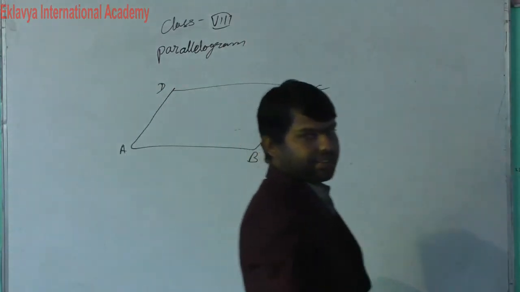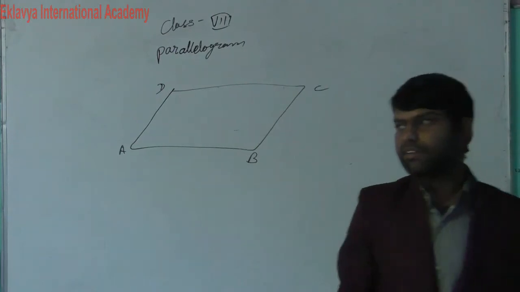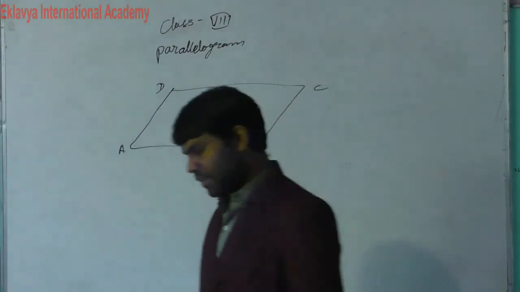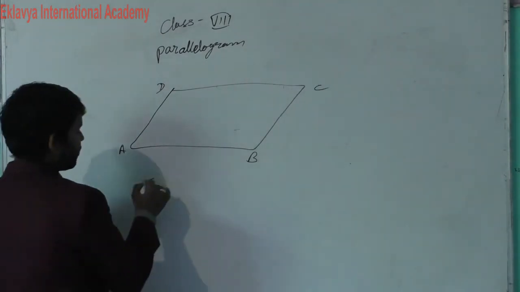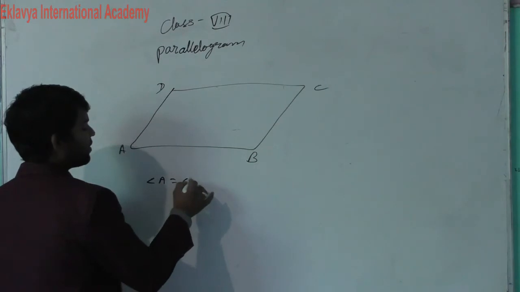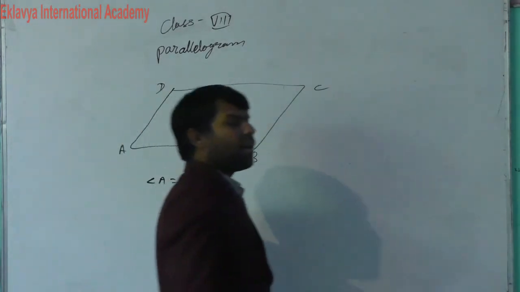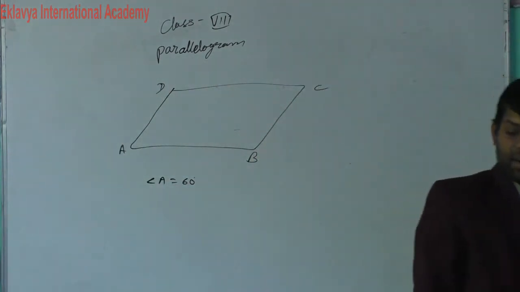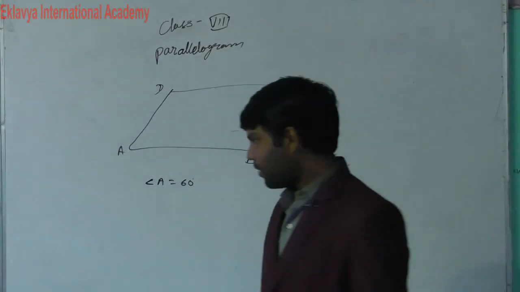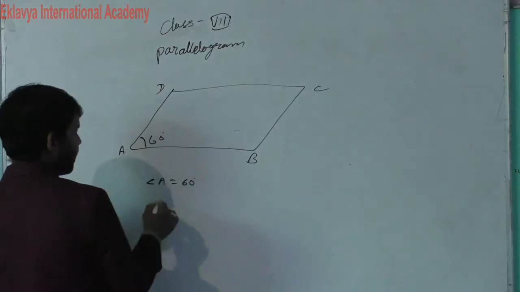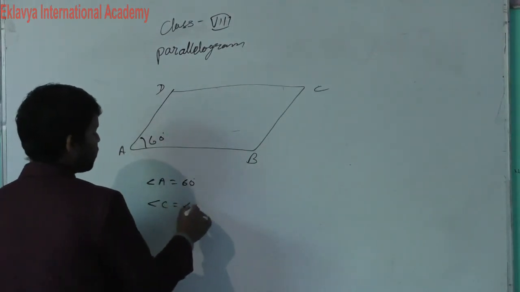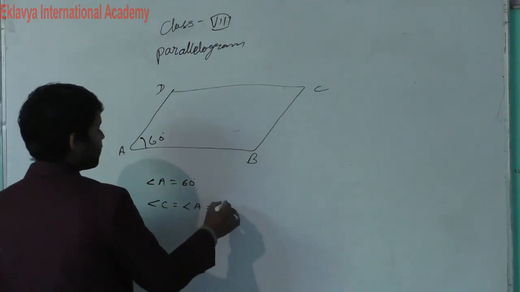Here ABCD is a parallelogram, and given that any one angle is given, like here given that angle A is 60 degree. Now we want to find the remaining angles. So firstly we write here, if angle A is 60, then angle C is equal to angle A, it is also 60.